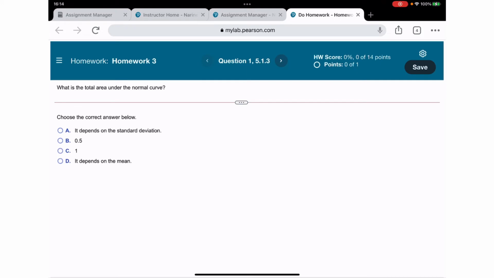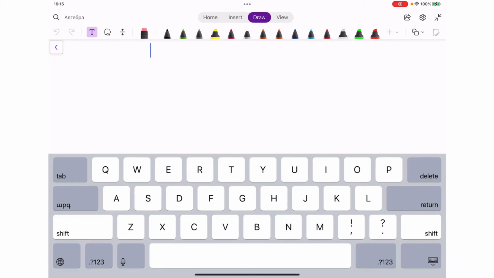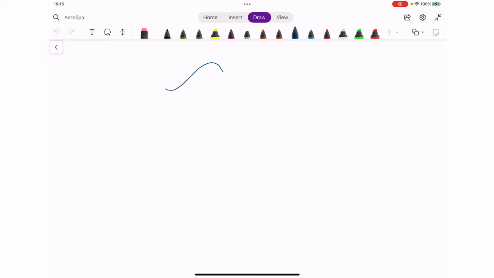Okay, question number 1. What is the total area under the normal curve? Let me explain what a normal curve means. A normal curve is this, bell-shaped. When do we have a bell shape?